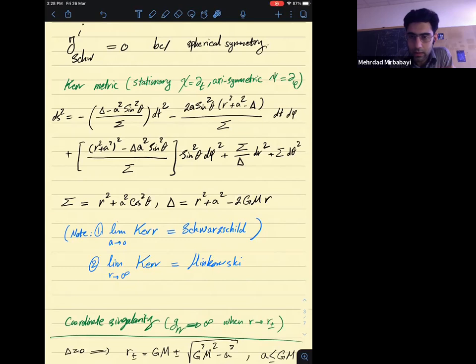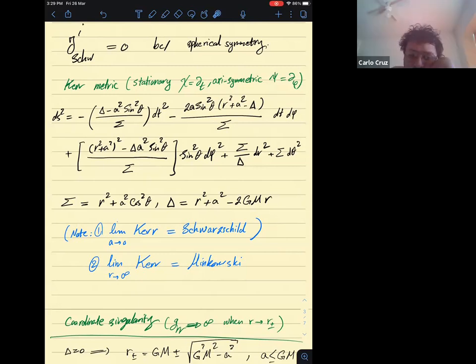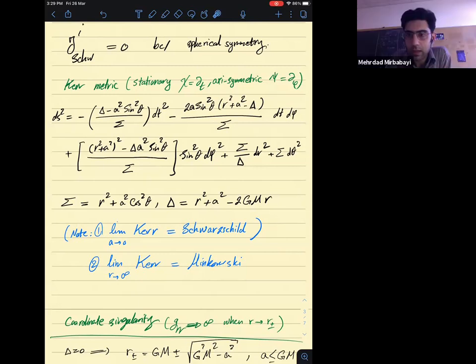At least classically we don't see it, and quantum mechanically, well, there is still a puzzle of how we can probe the interior of the black hole, even at the theoretical level.